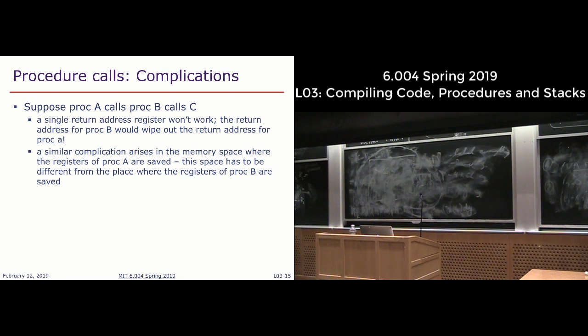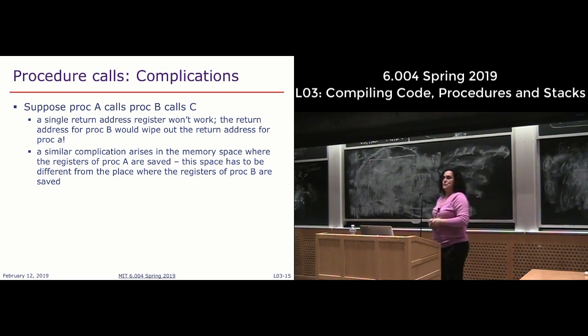Well, at some point I'm going to get to the bottom of my procedure B, and what is it going to say? It's going to say jump to RA. Well, what's RA at this point? It's no longer the 0x104, which I wanted, which was the return address for procedure A. It's now been overwritten, okay? So the problem is a little more complicated than just saving our return address.